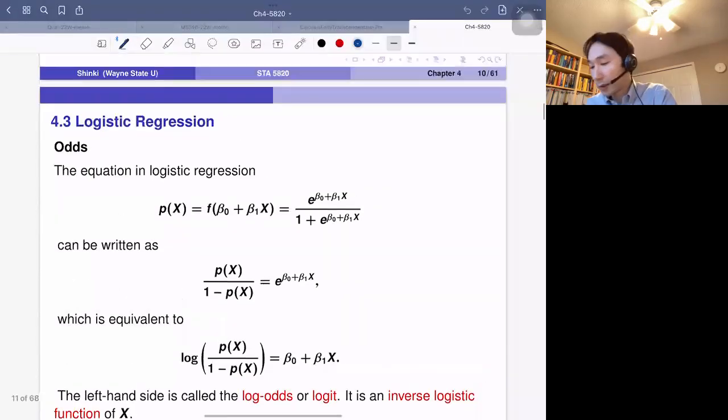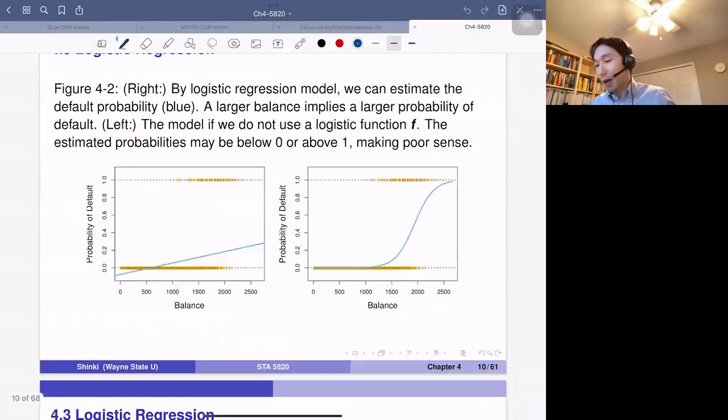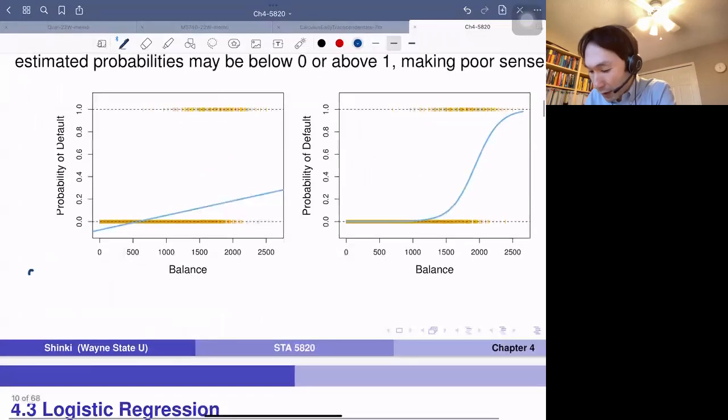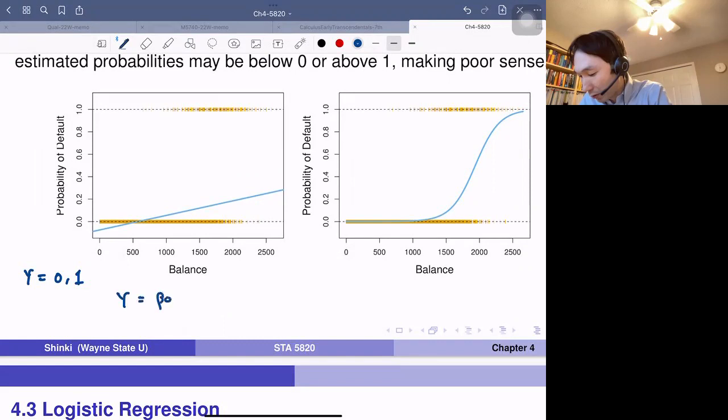So last time we introduced logistic regression. The idea is that we have the response variable y, and we want to fit y on predictors x1 to xp. But since y is binary, with only two values, if we fit a straight line such as y equals beta naught plus beta 1 x1 plus up to beta p xp, then we have trouble because y can take only 0 or 1.